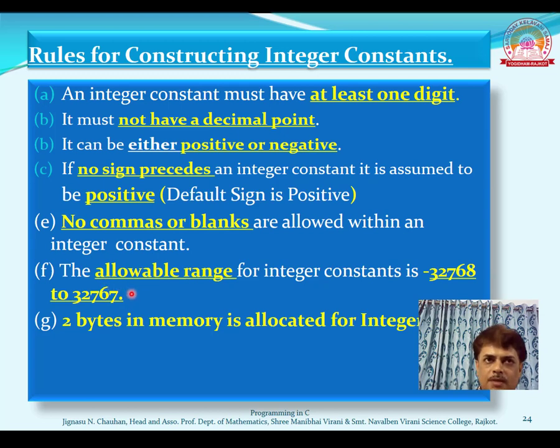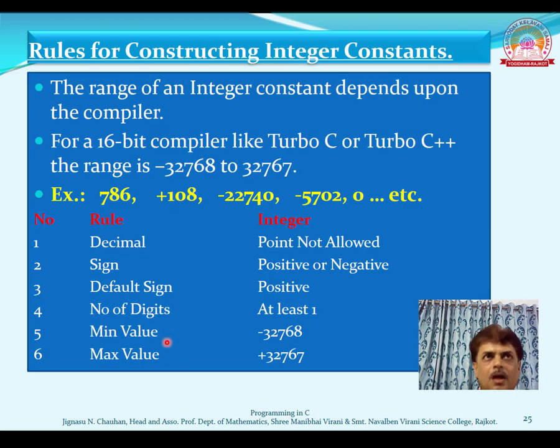32767. The constants require a memory space in order to store themselves. 2 bytes are required to store any integer constant in the computer's memory. Let us further see the rules.